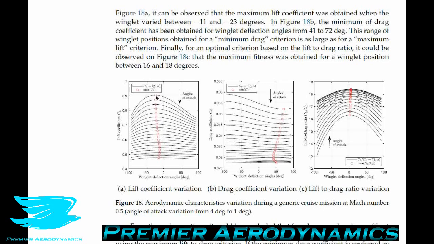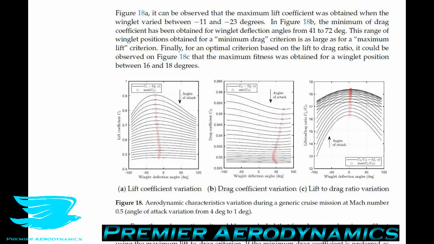That means that at an angle of 4 degrees, changing the winglet pivot angle from minus 25 degrees to 90 degrees or 93 degrees, we get a change in the lift coefficient by 18%. 18% is now we're getting into the actual range that winglets can change the performance of an airplane by, and this makes much more sense to me.